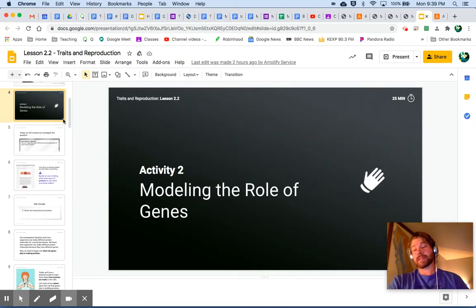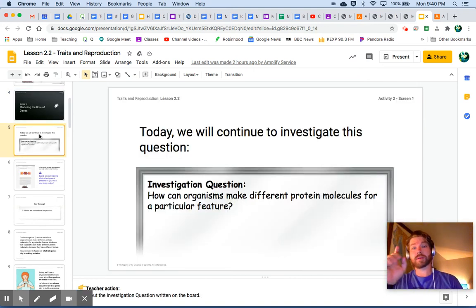All right, now let's talk about this activity that we were supposed to have done together, which some of you could still totally do at home if you find some materials. So here's our investigation question for today. How can organisms make different protein molecules for a particular feature? How do they actually make these different protein molecules?